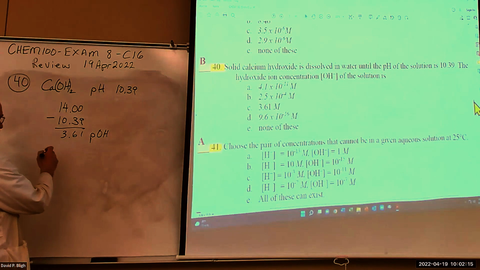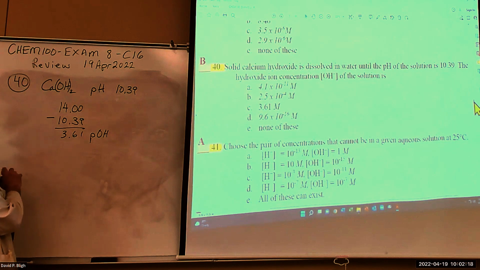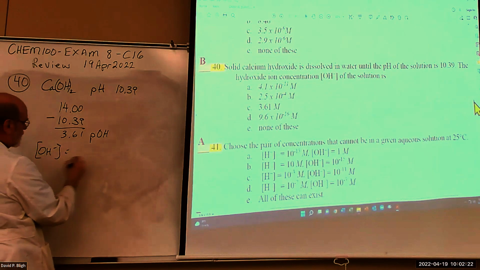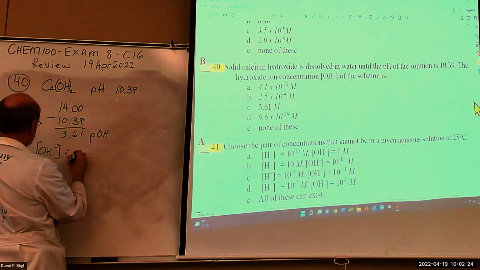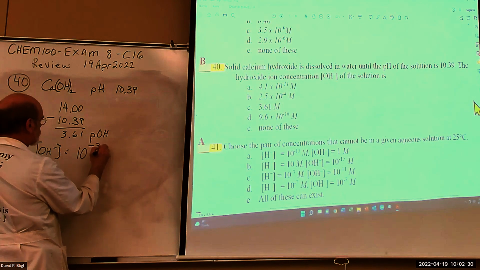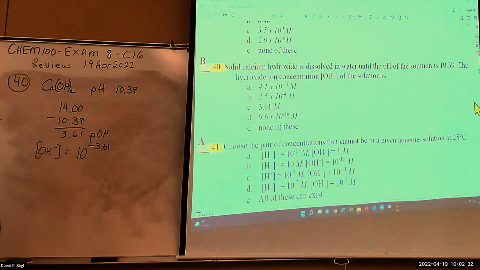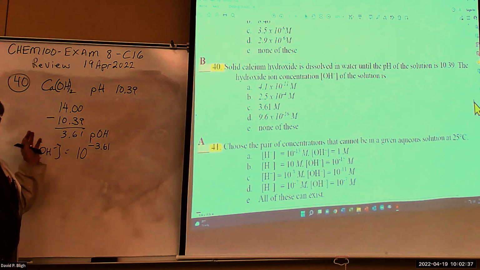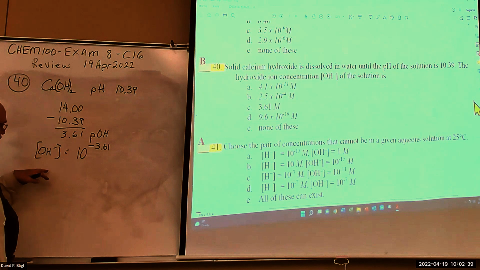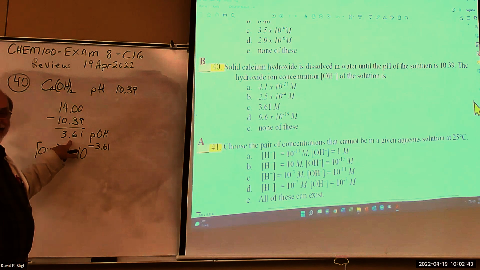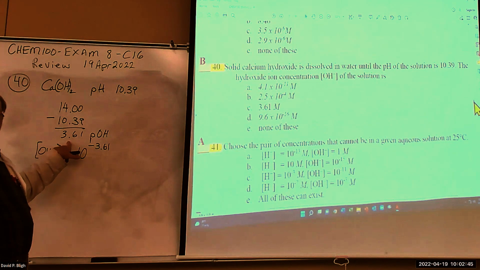Yep. So now the hydroxyl ion concentration is equal to 10 to the minus 3.61, right? I skipped a couple of steps because we've done them over and over and over again. I just took the anti-log of negative 3.61.